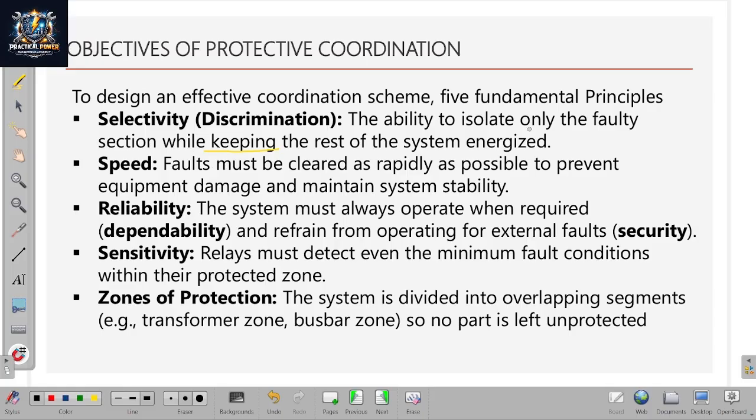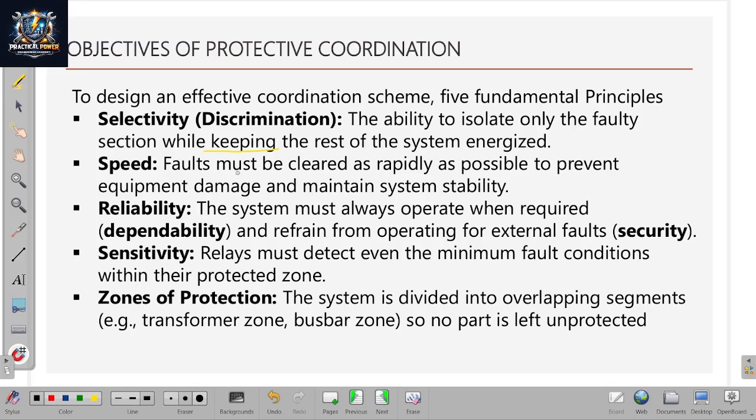Only the faulty part or section of the electrical network of the power system is isolated due to the fault, and this isolation should take place very speedily, as soon as possible.